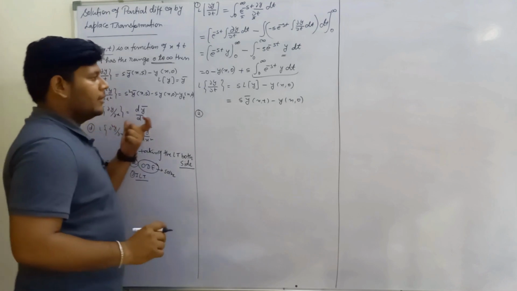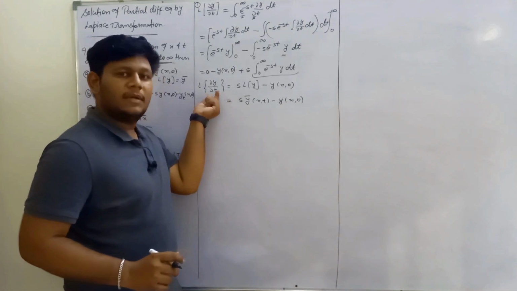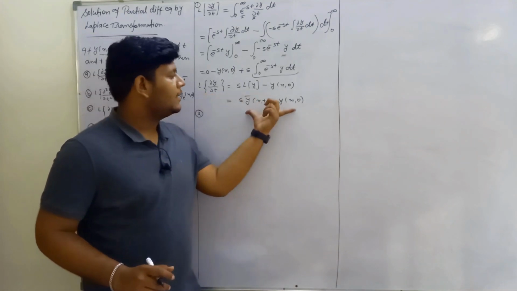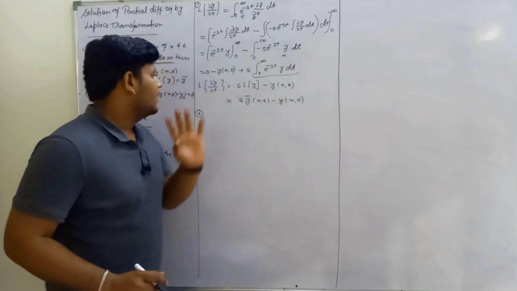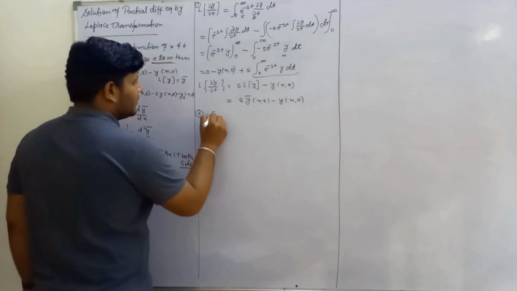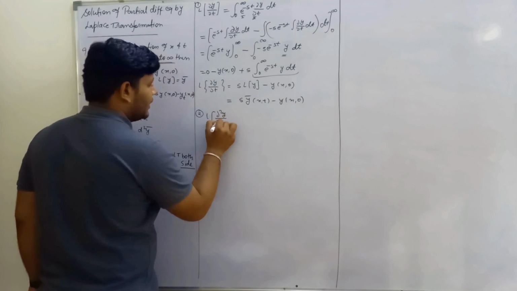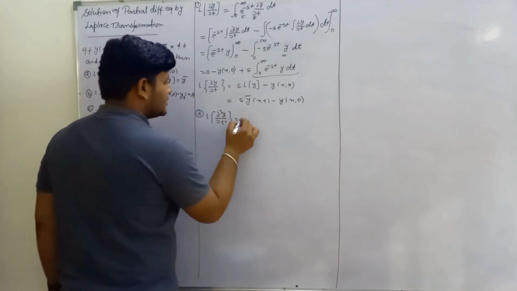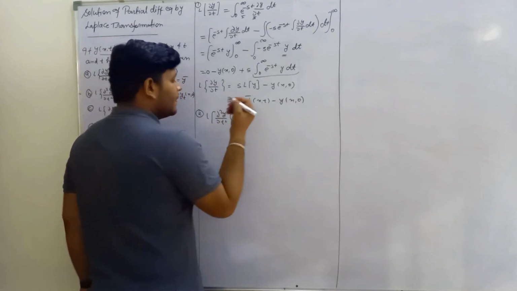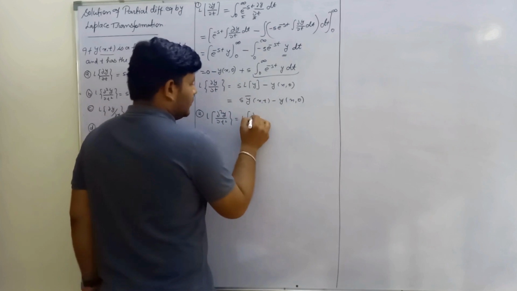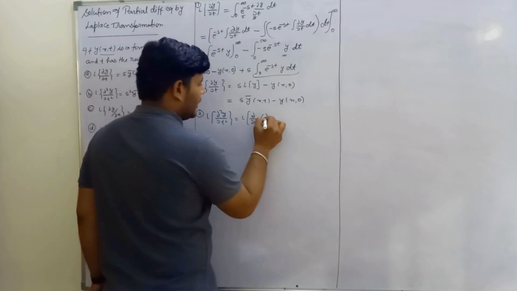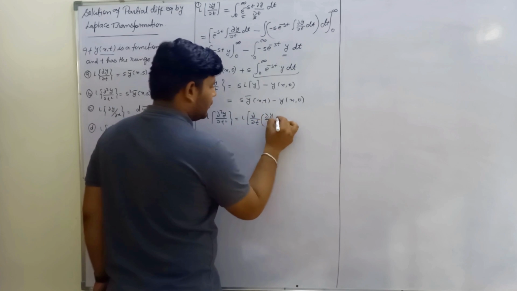Next term. If we have the term del y upon del t, we will directly substitute this. Now come to the next: the Laplace transform of del 2y over del t square. What is this? It is the partial derivative with respect to t of dou y over dou t.